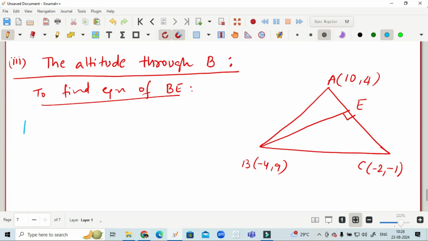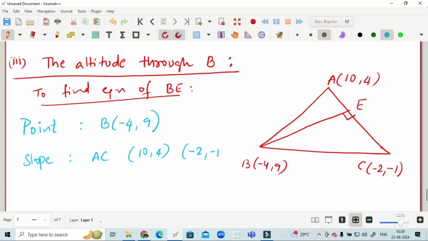So we have point B equals to minus 4 comma 9. Slope of AC: A is 10 comma 4, and C is minus 2 comma minus 1.